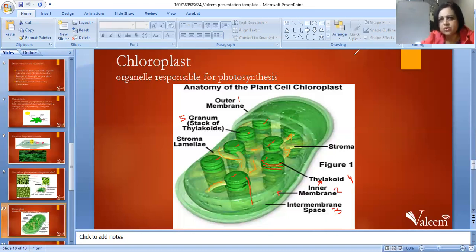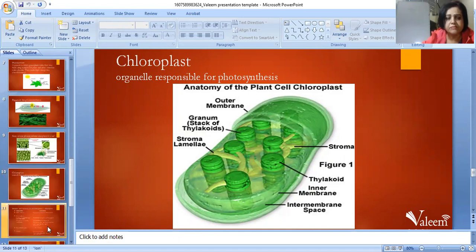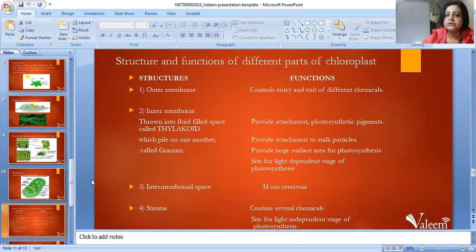So now let's go to the structure related to function of chloroplast. Structure related to function of chloroplast means the structures which we have seen here, how they help to carry out their functions. So on one side, I have named the structures and their details, and right in front of them, there are the functions of all these structures.